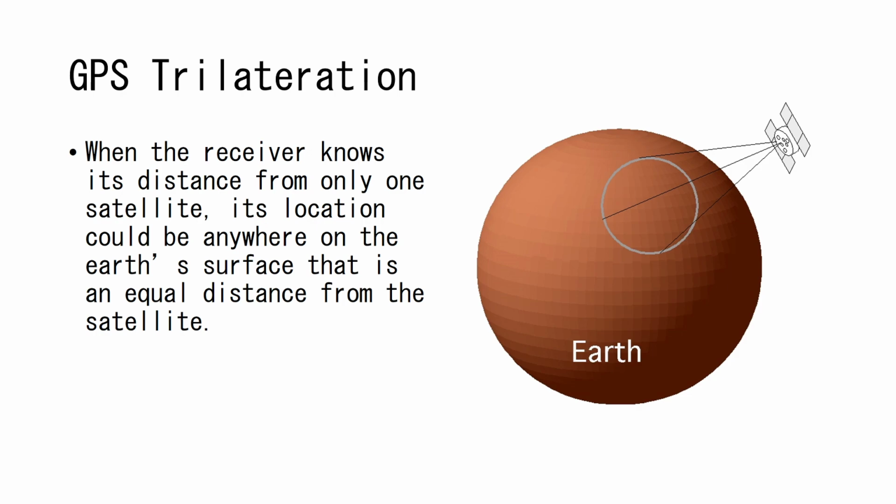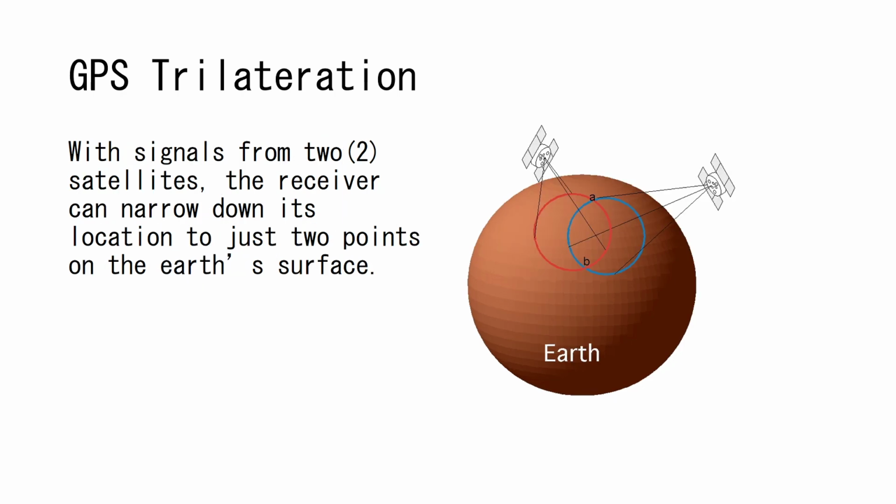So we need another satellite to be able to help us out. If we take a second satellite and we calculate the distance to it, then that creates two circular shapes, and two circular shapes are going to overlap. And at worst case scenario here, we're going to have two points in which we have the exact same distance from both satellites.